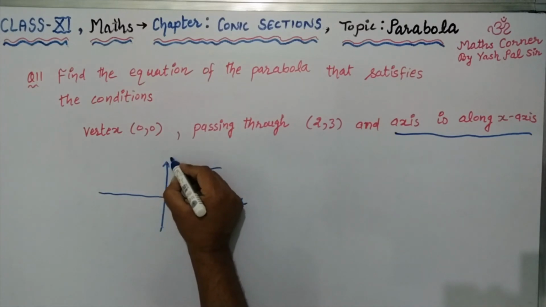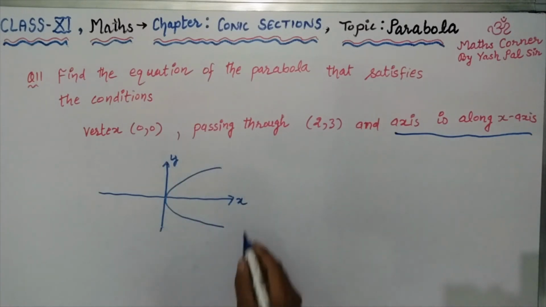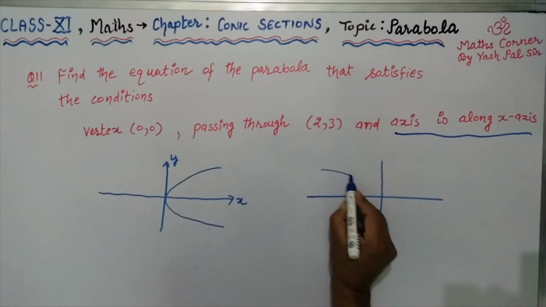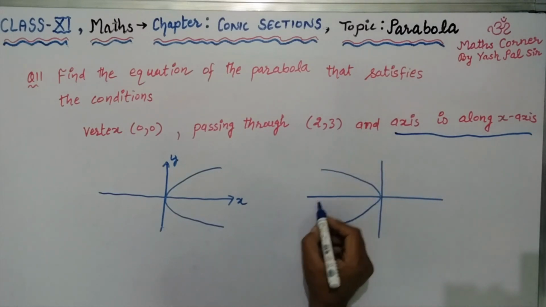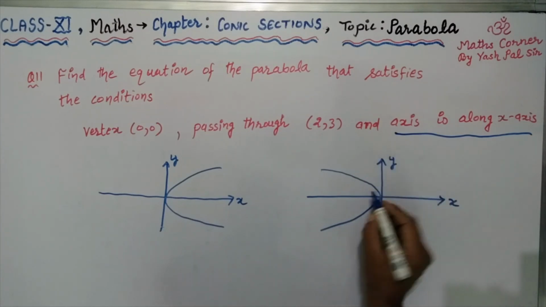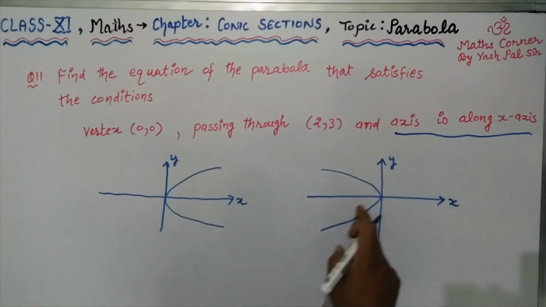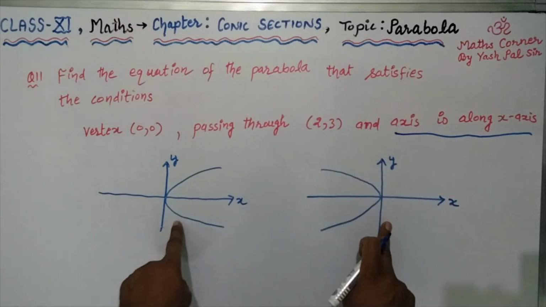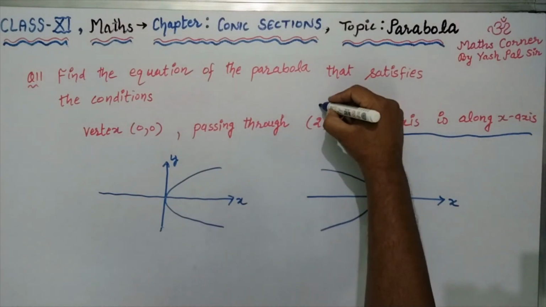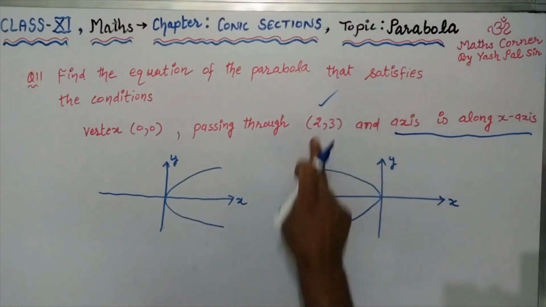One is the right-handed parabola, which is symmetrical about x-axis, and one is the left-handed parabola, which is also symmetrical about x-axis. So in these two parabolas we can say the axis is along x-axis.